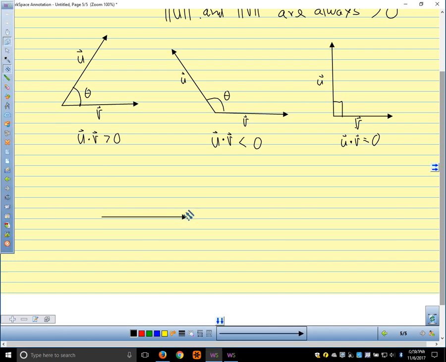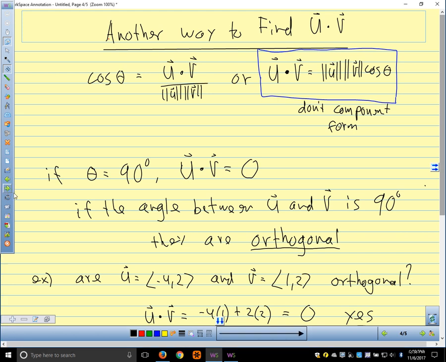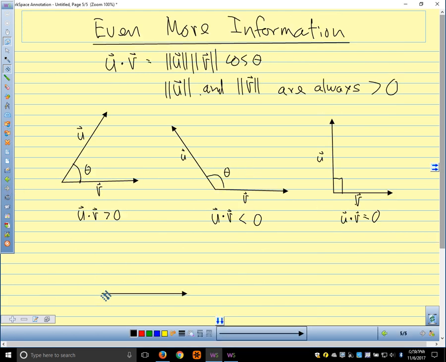What if our vectors are parallel, but in opposite directions? Let me draw that drawing. All right, so here is u and here is v, and there's the angle.